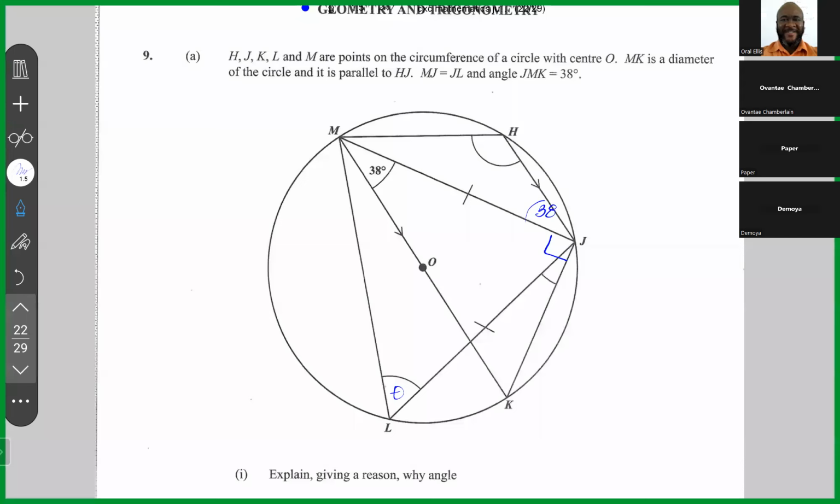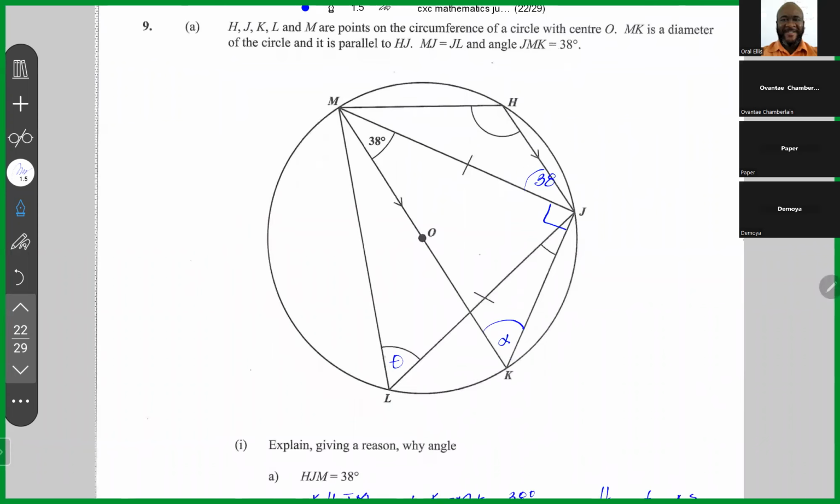All right, so to find MLJ, which is theta, I'm going to first find this angle here. Let's call it alpha, and I'll explain why afterwards.